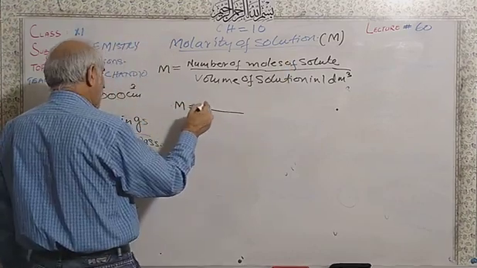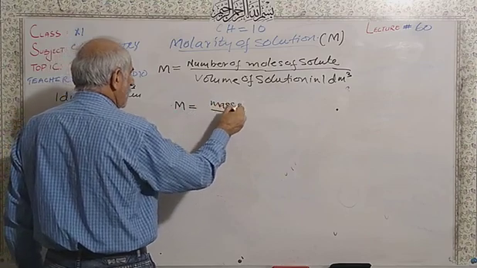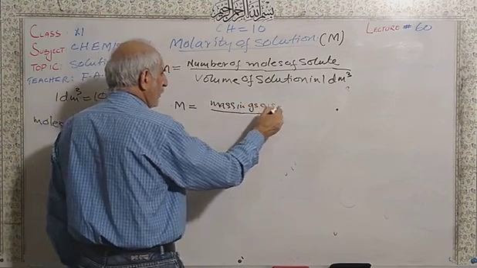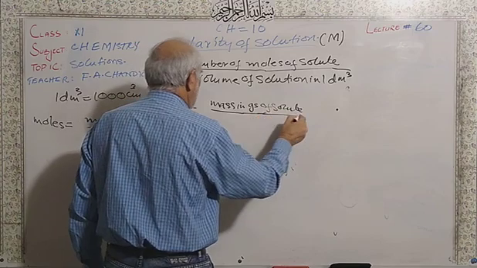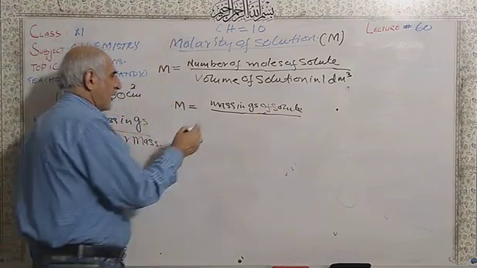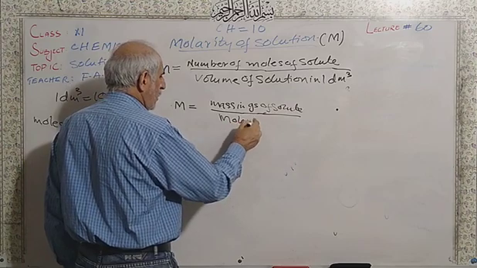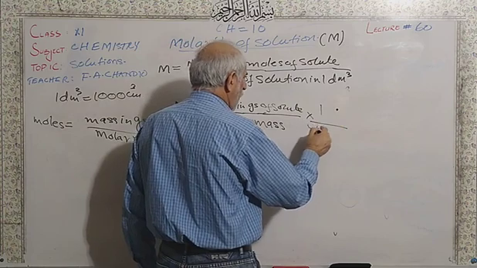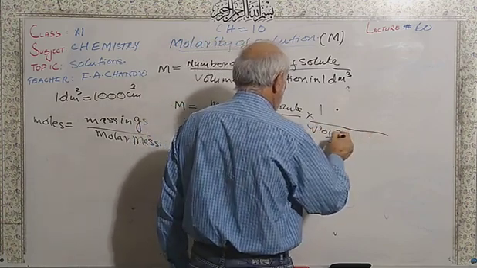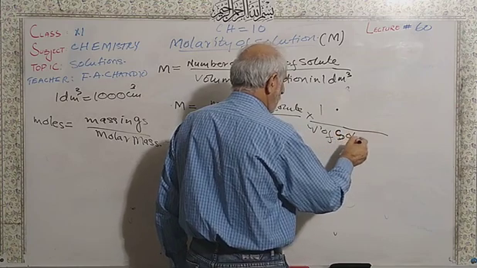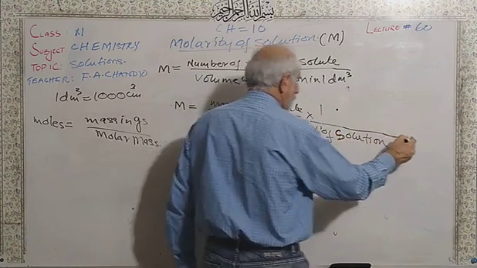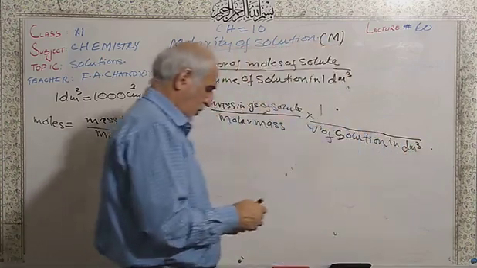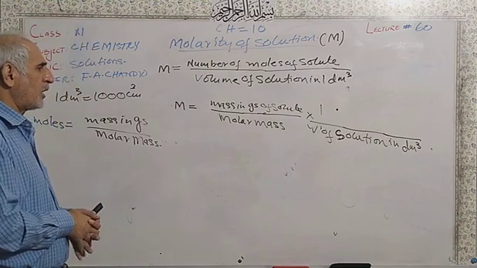Instead of number of moles, I write mass in grams of solute divided by molar mass, volume of solution in decimeter cube.